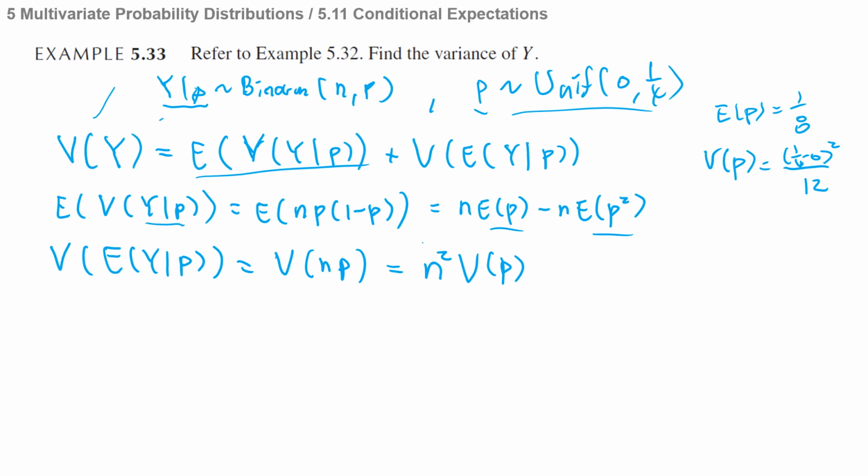And from the equation, the variance of p is E(p squared) minus E(p) squared, so from this equation you can also solve E(p squared).